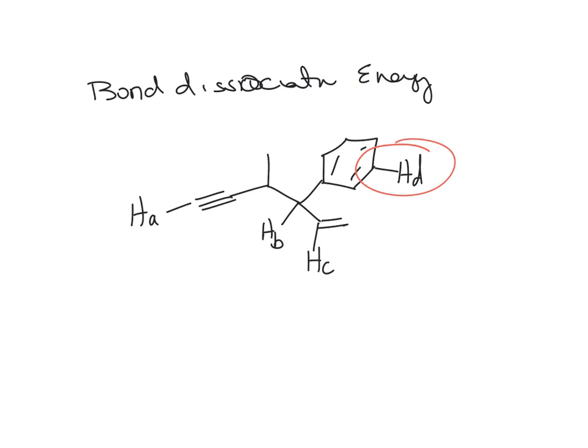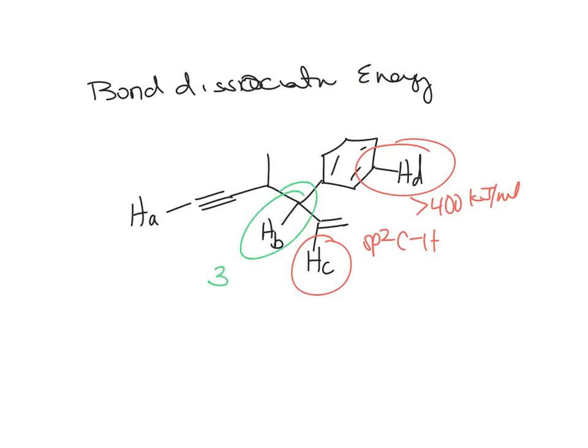You do have a table in your book, and I want to say that's greater than 400 kilojoules per mole. I think this one is the same thing because those are sp2 carbon hydrogens. This one is benzylic. I think we talked about that. That might be like 361 kilojoules per mole. And I think that this one might be more than 500 kilojoules per mole. So I would look and assign numbers just to get an idea.